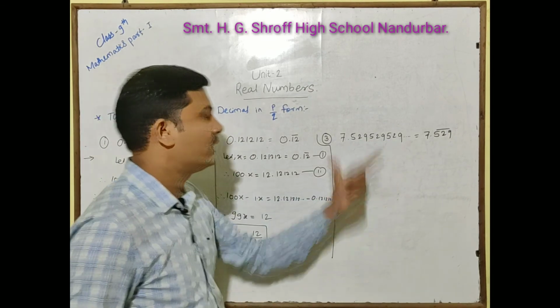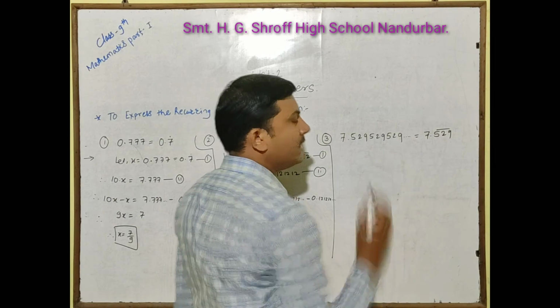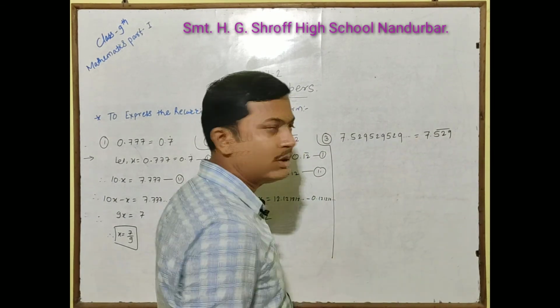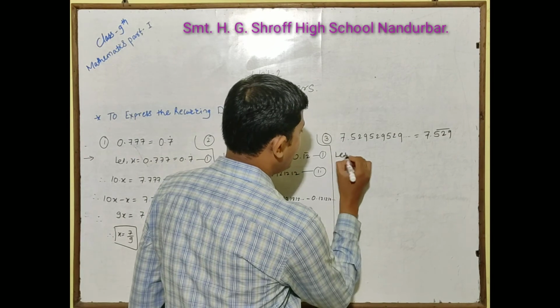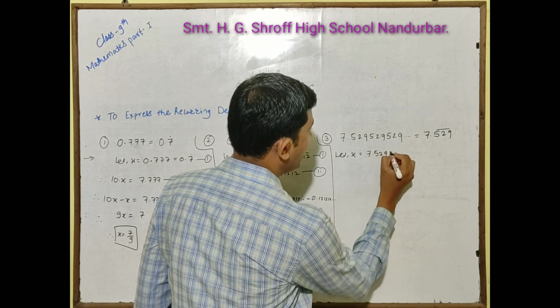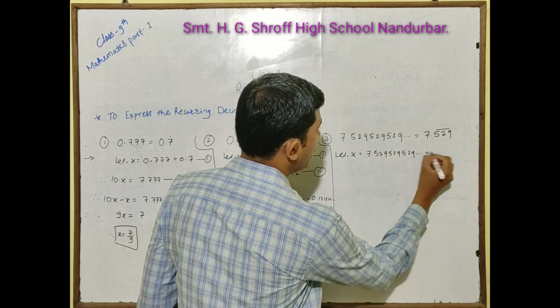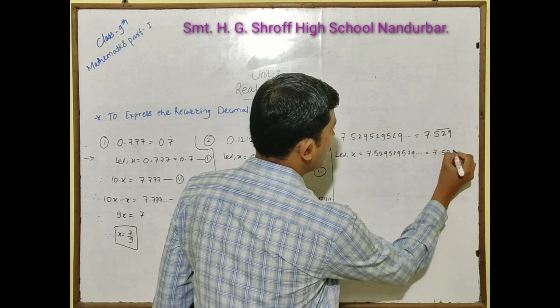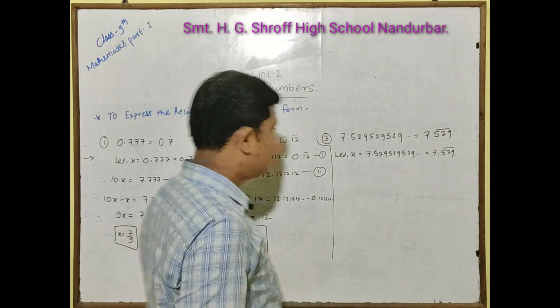Same way for the third. Here 529 is repeated, so we have to multiply the given number by 1000. First of all, let us assume x is equal to 7.529529, which is the same as 7.529 with a bar.